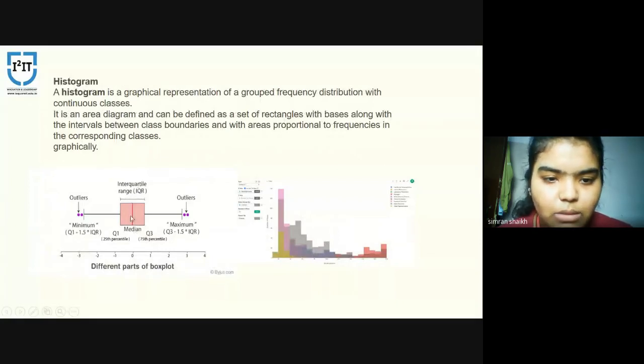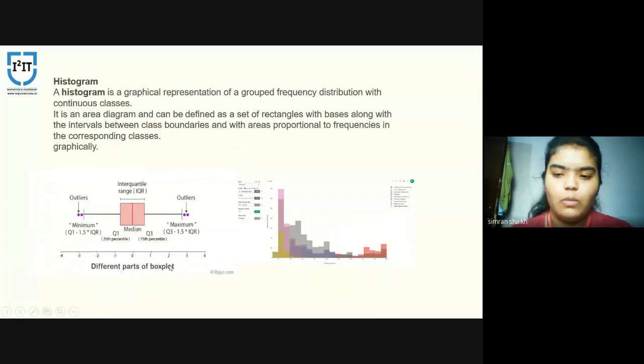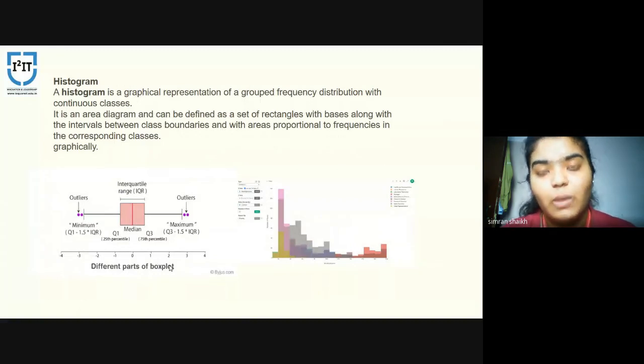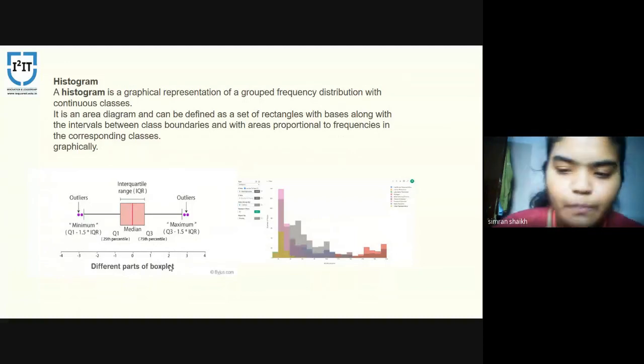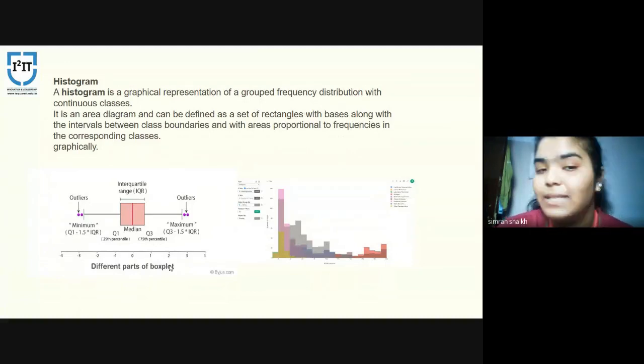So these are the different parts of a box plot. A box plot is also very beneficial when you have a large amount of data involved. Mostly we use box plots for ANOVA. Outliers can also be predicted in a box plot.